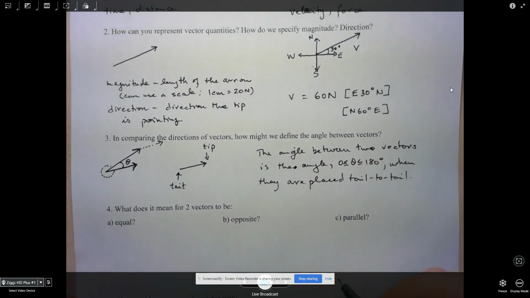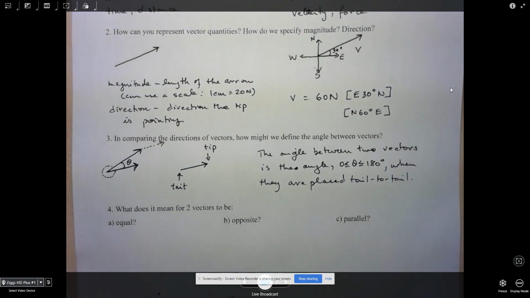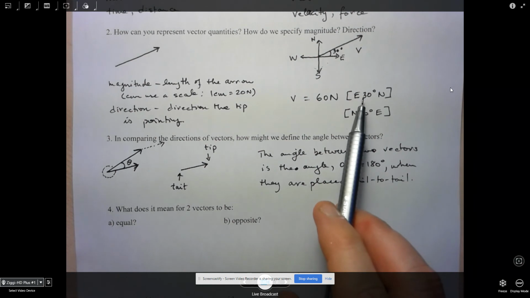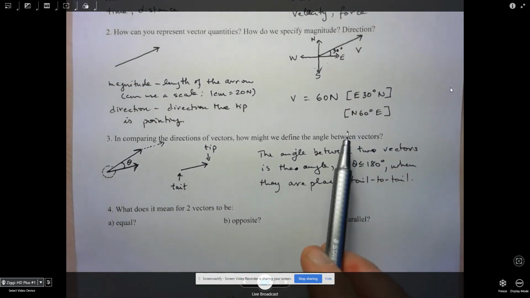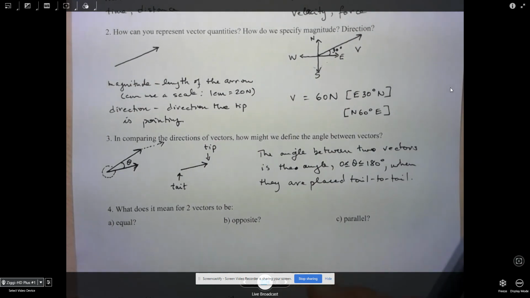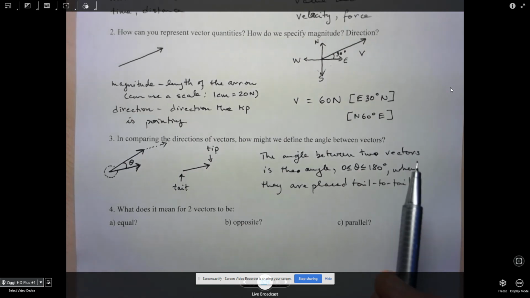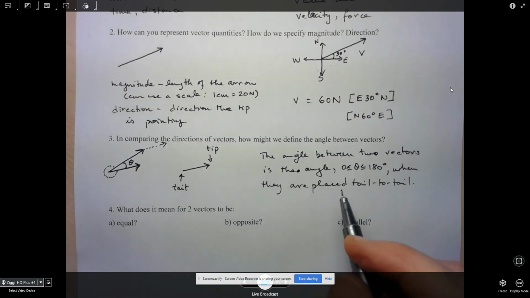Before we end off part 1, I just want to make a couple of points here. First of all, we're now talking about angle in terms of degrees. So now we've got to do a little turnaround because we just spent a whole course and a half talking about angles in radians. Well, here we're going to go back to talk about degrees. We'll have a chat about that later on.